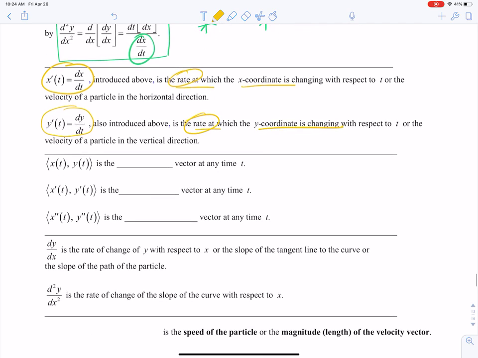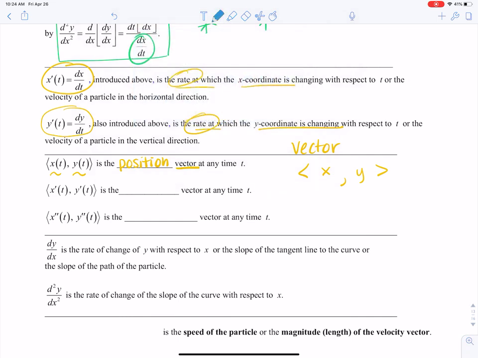Now, I'm going to introduce to you something called a vector. A vector is just two things with arrows on the end of it separated by a comma. Vector notation x comma y is the position vector. So when you see a vector written x of t, y of t, we call that the position vector.